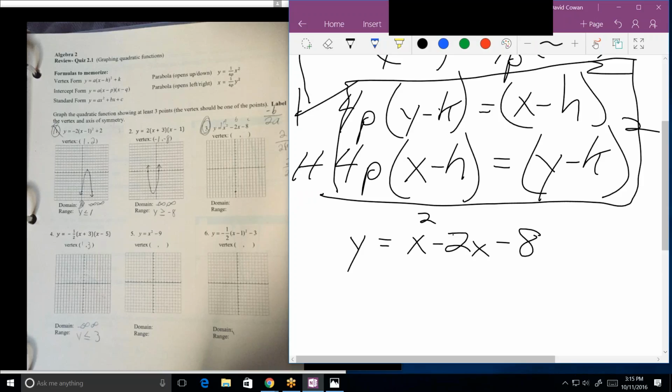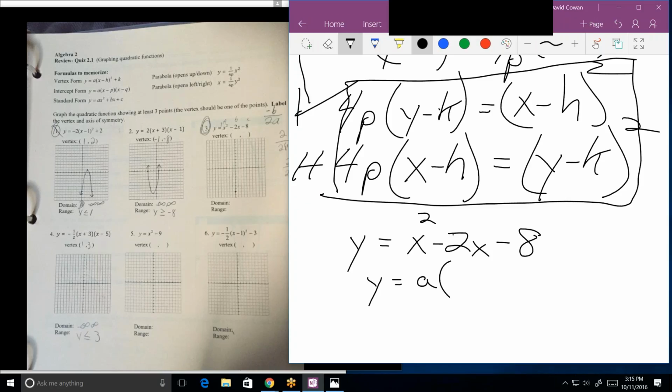Yeah. The best way to graph this, since they're not really talking about focus yet, let's work with the standard format, because we know how to graph the standard format, right?